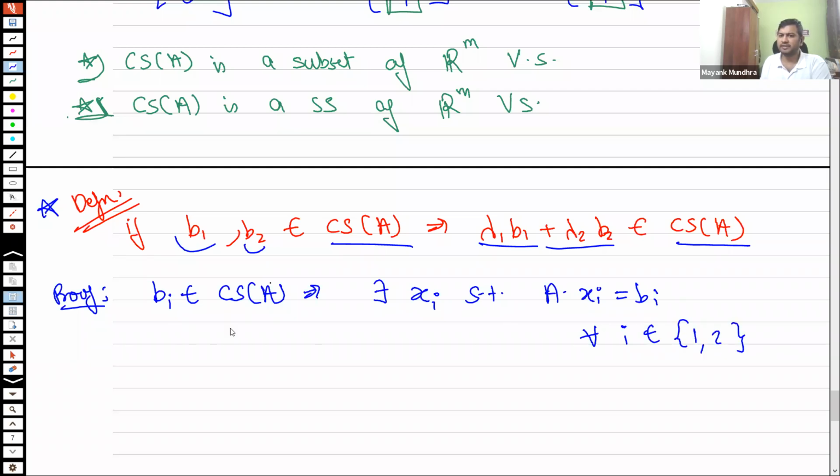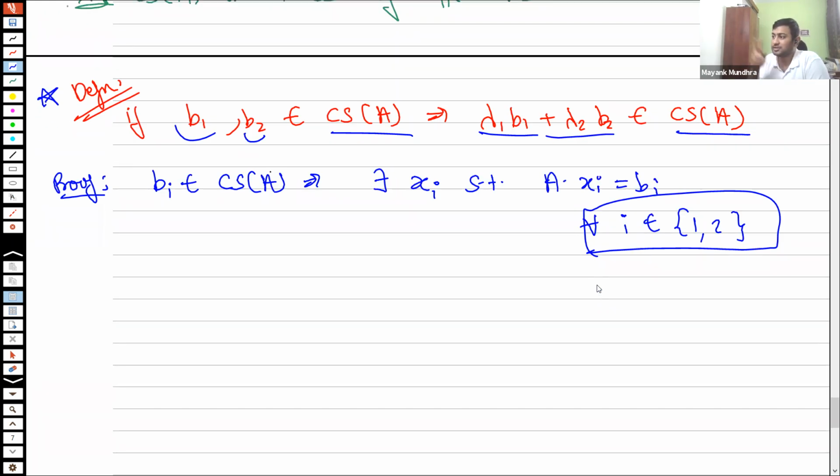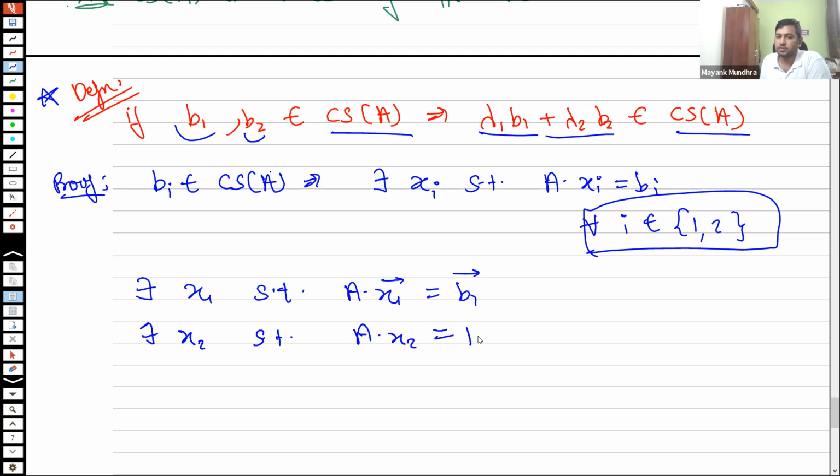This is a very nice way to write the statement. You don't have to write it for b1 and b2 separately. This statement in itself means two statements: there exists x1 such that A times x1 equals b1, and there exists x2 such that A times x2 equals b2.